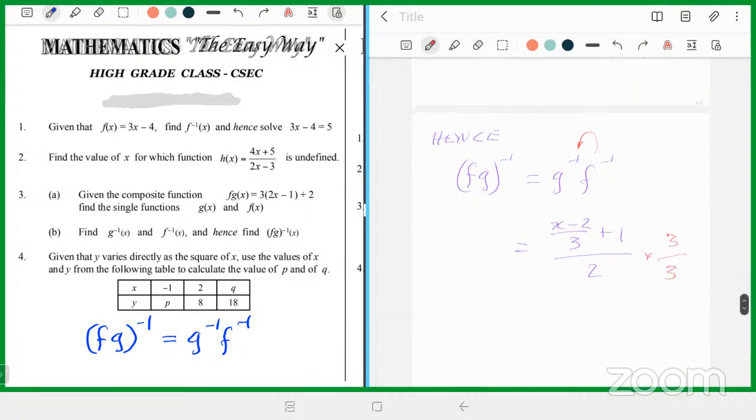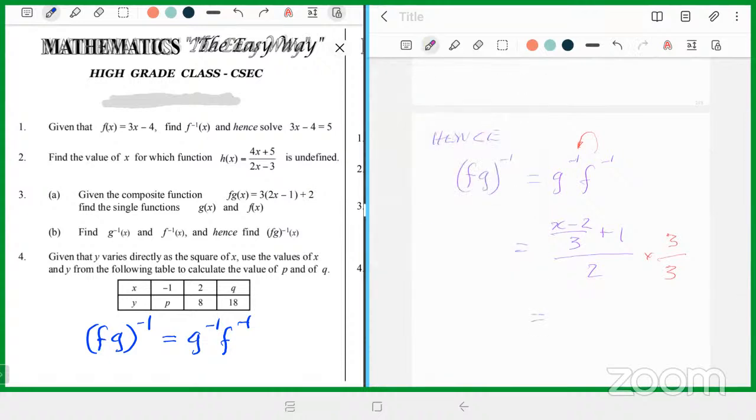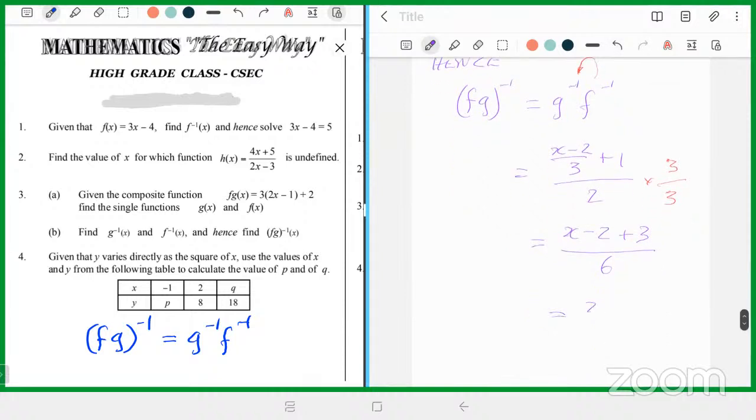So this then becomes equal to 3 times this fraction, which cancels this 3 and leaves us with x minus 2, and then 3 times this positive 1 becomes positive 3, divided by 3 times this 2 now under here, which gives us 6. And then 3 minus 2 is 1. So this becomes x plus 1 divided by 6.